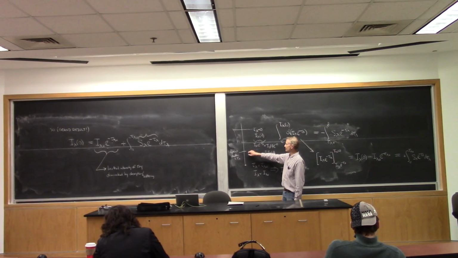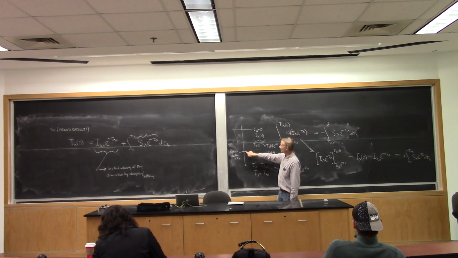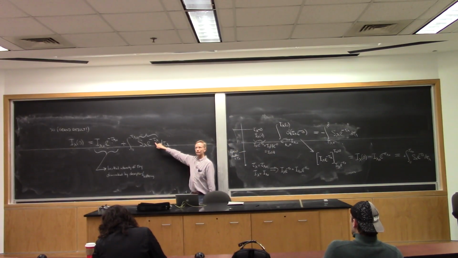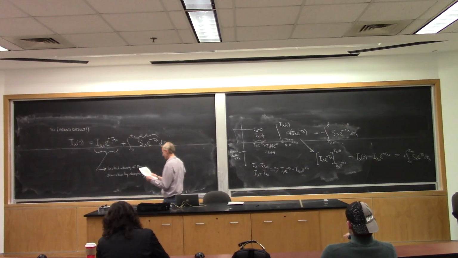S lambda represents, oh, this layer right here, it's emitting radiation towards us, but that radiation from this layer is suffering absorption on the way to the surface. And so that's what this piece represents.